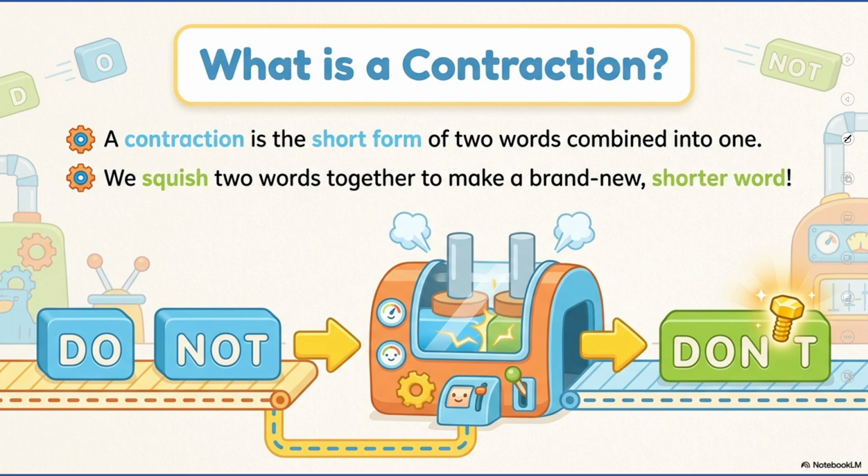Contraction means when we join two words and contract them or squeeze them into one single word. Can you see? Here we have two words. Now we have joined the two words into a very new word, don't. So this is called contraction or squeezing or shortened form.